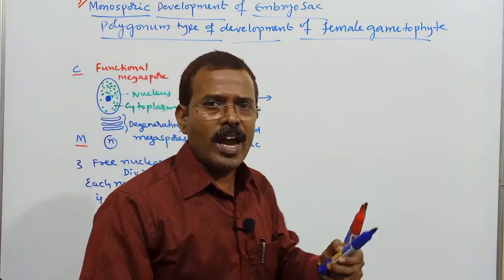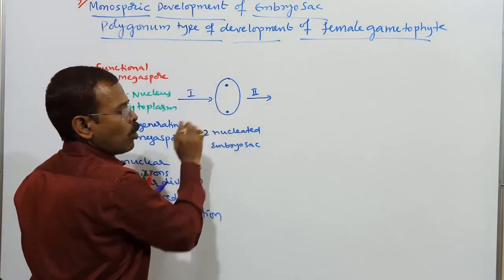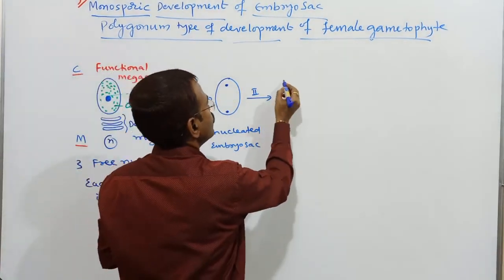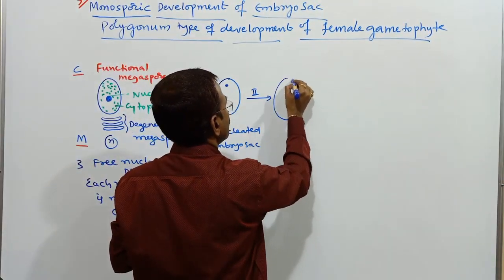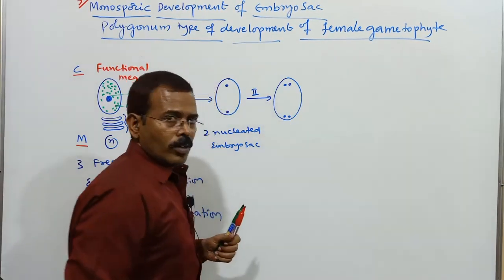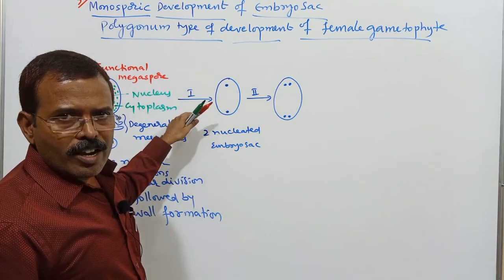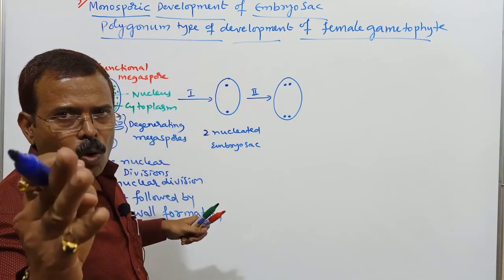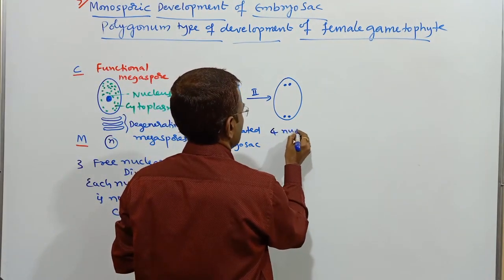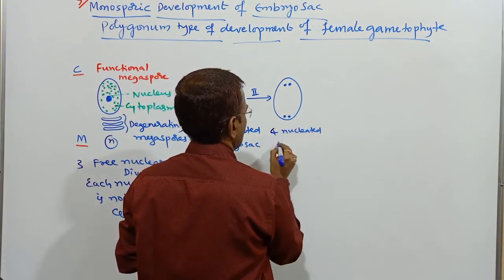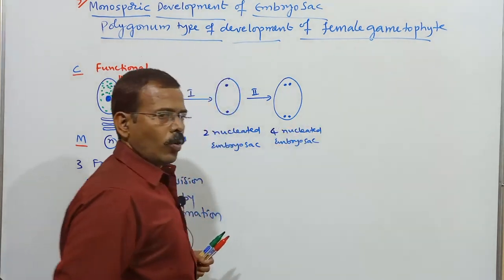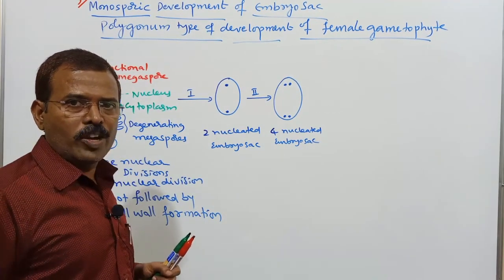These nuclei have moved towards the poles. From the 2-nucleated embryo sac, now we got a 4-nucleated embryo sac. Now third free nuclear division.